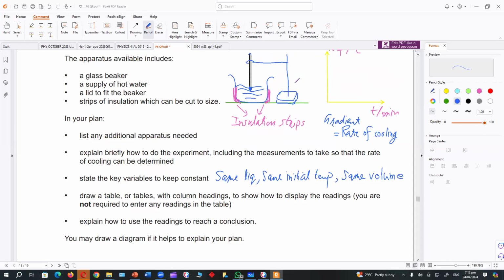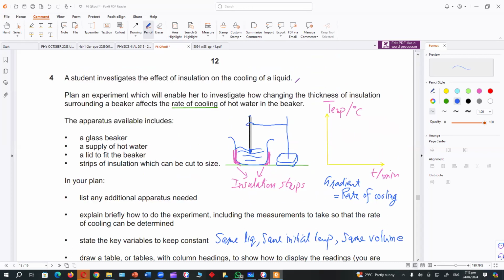So we will repeat the experiment with different thickness, which will enable us to investigate how changing the thickness affects the cooling.